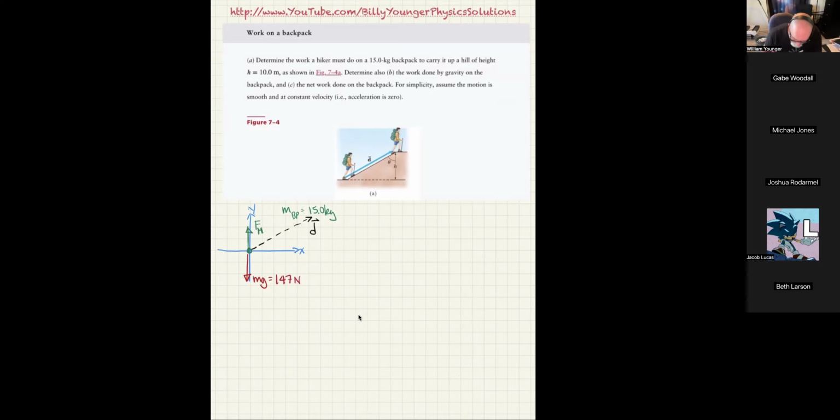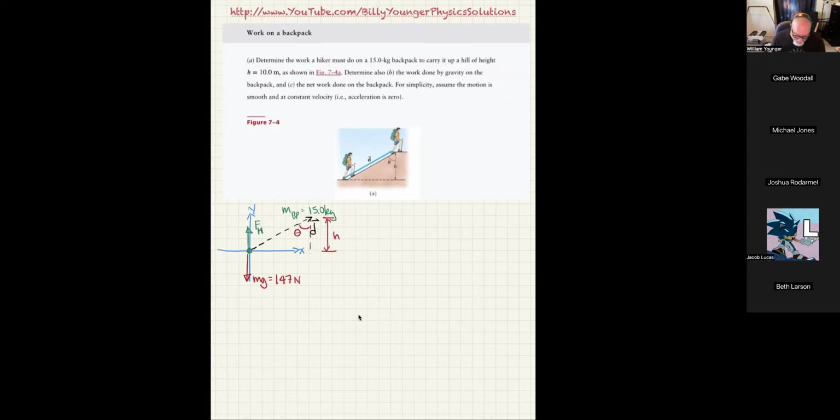Now, what we do know, according to the diagram, is that this distance from here to here is H. We don't know what the horizontal distance is, but we do know that this angle right here is what they're calling theta.